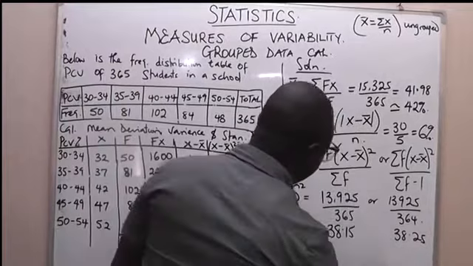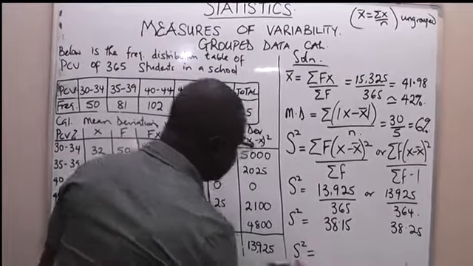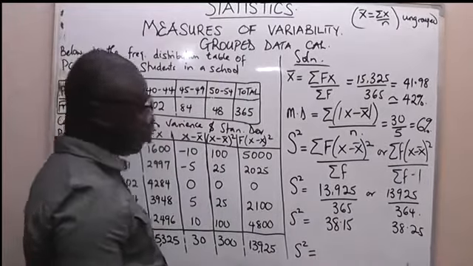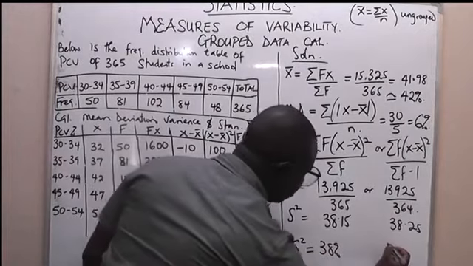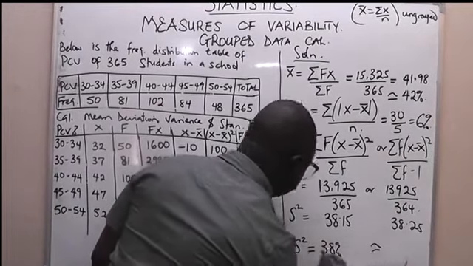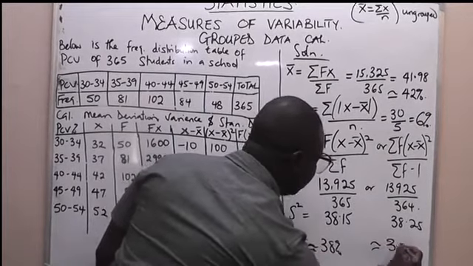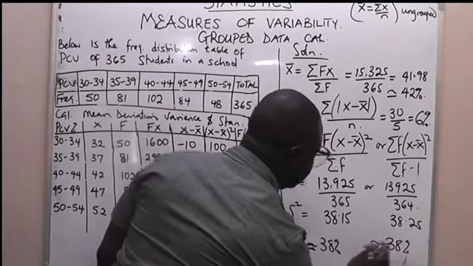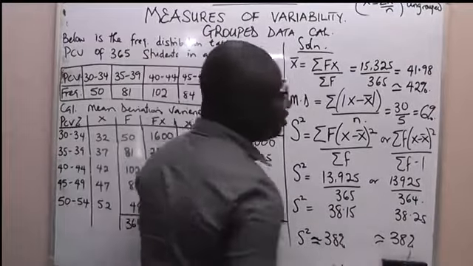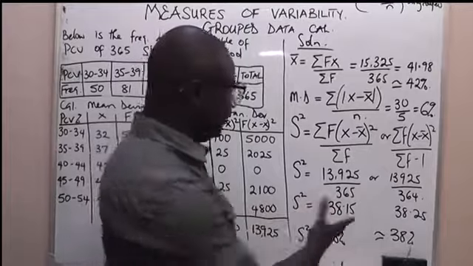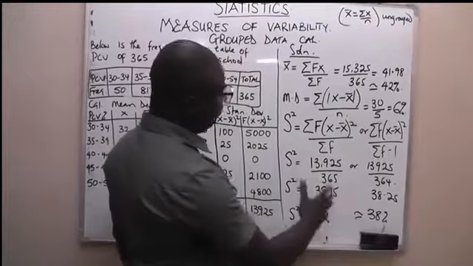Now, if you approximate these answers, since we are dealing with PCV to the nearest whole number, you just have 38%, and this one also, if you approximate it, you also have 38%. And that is why I say the minus 1 does not actually cause any serious difference in the answer. Alright, so that is how to calculate variance.